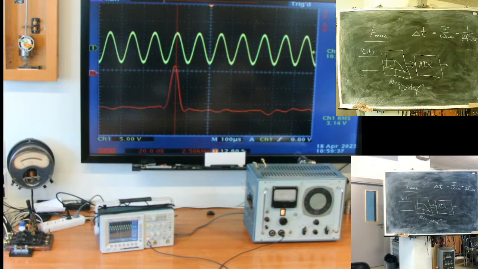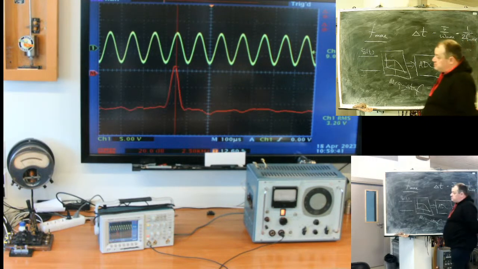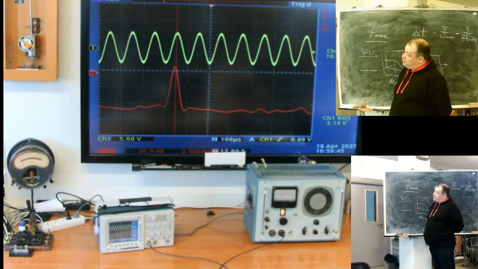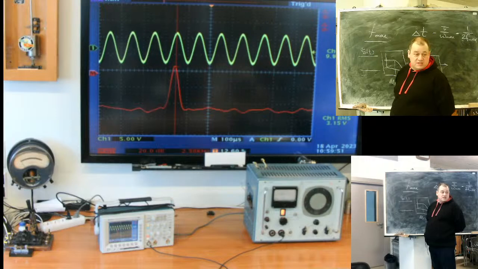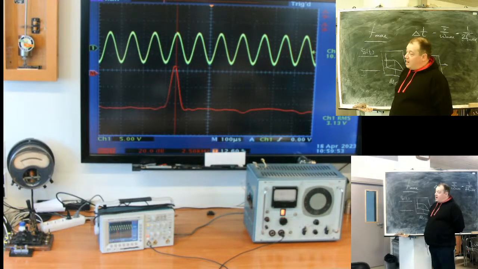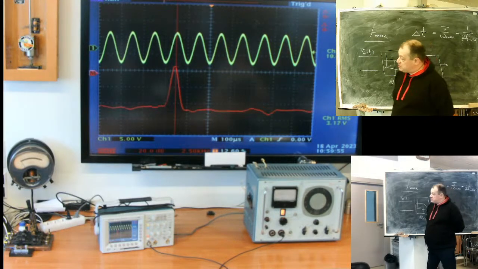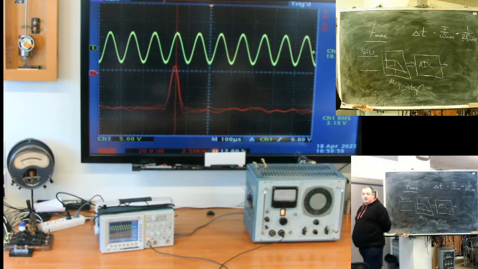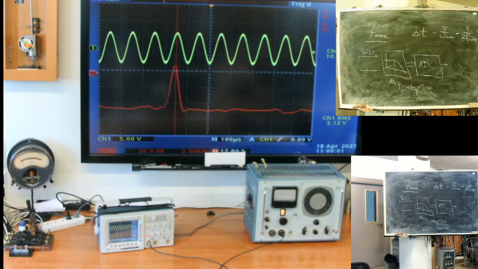Another experiment. What's going on now? My scope is a bit smarter than I, so it can perform a Fourier transform on a signal. I have an input of pure sine. The input is the yellow line, the output is the red line. It's a result of the Fourier transform.